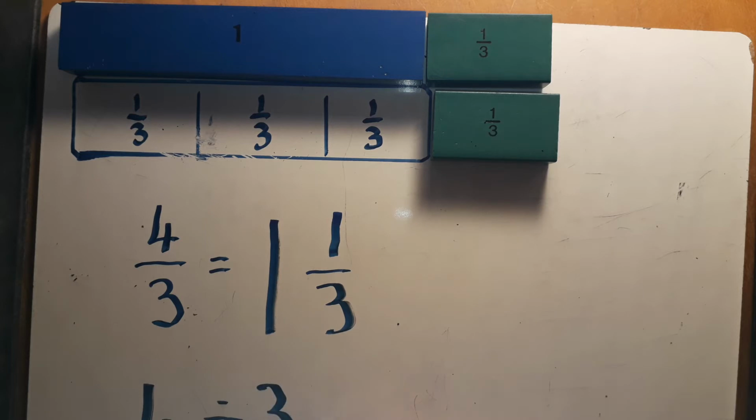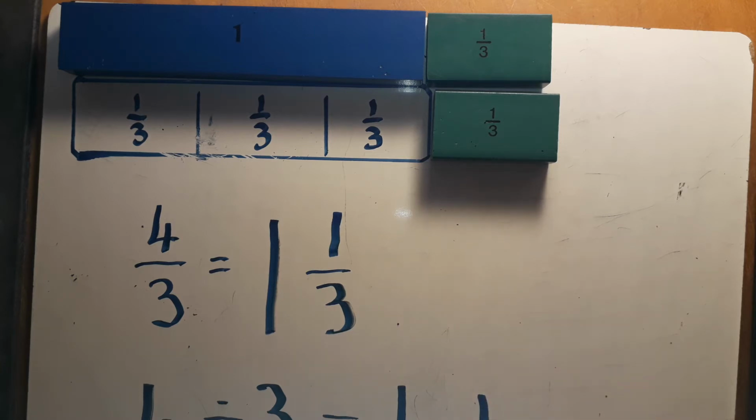So 4 divided by 3. How many groups of 3 can I make if I've got 4? Well, I hope most of you would know that would be 1, with a remainder of 1.